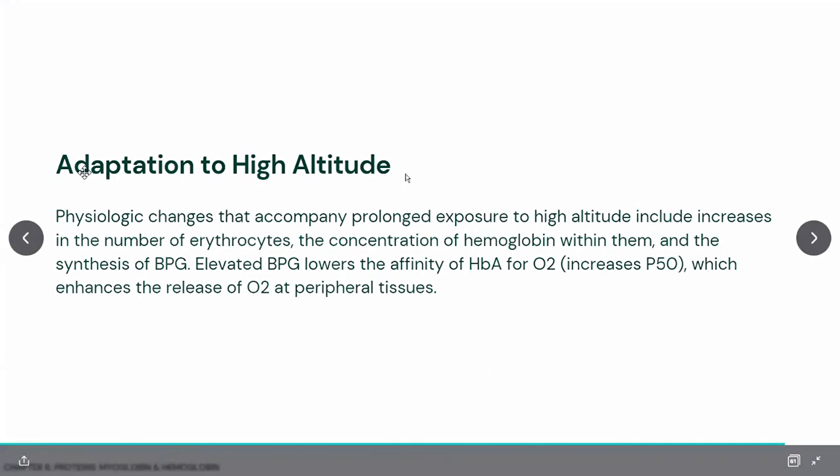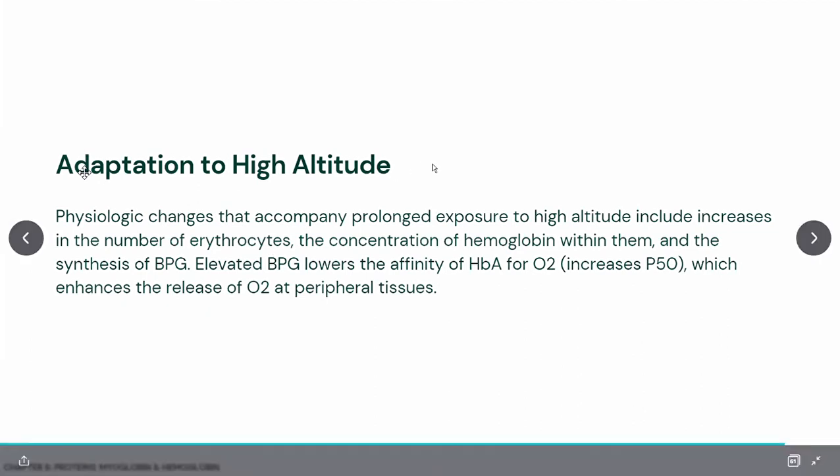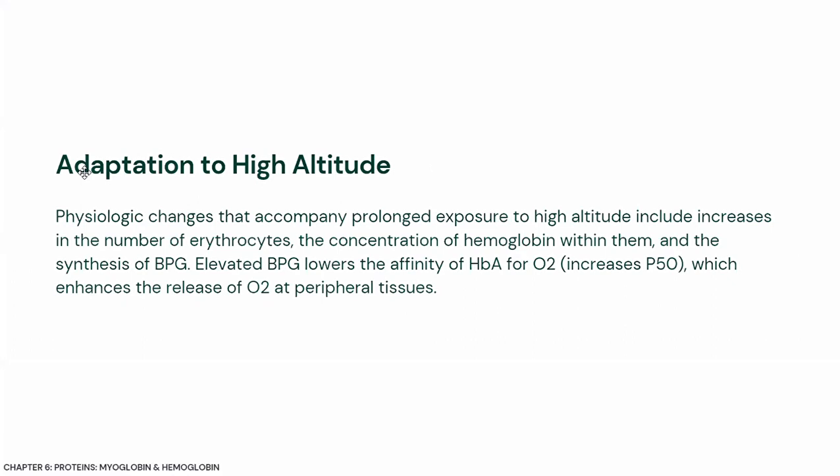Adaptation to high altitudes. In high altitudes, there is less oxygen, of course. So the body compensates by increasing the number of red blood cells. So there is an increase of erythrocytes when you are living in high altitudes.